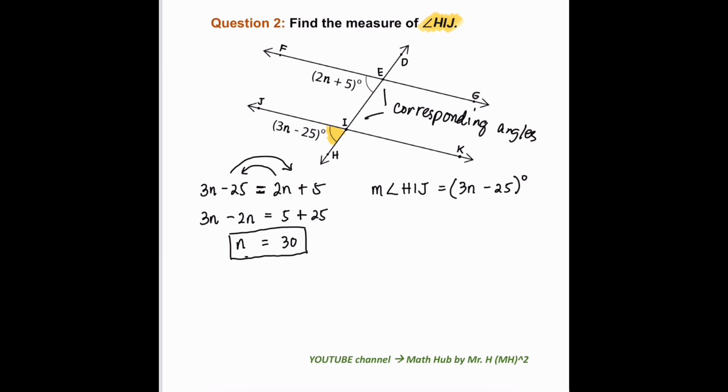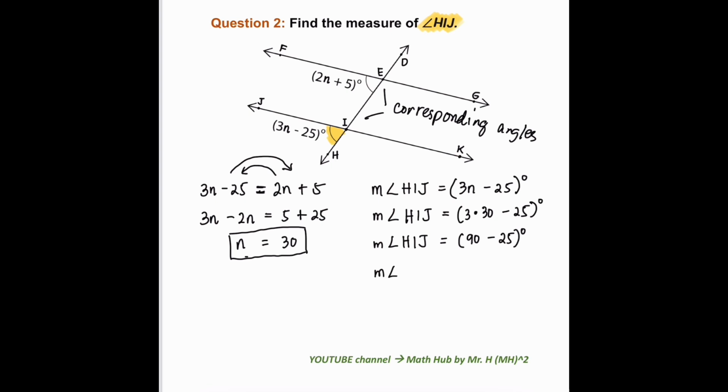So the measure of angle HIJ will be equal to 3 times 30 minus 25 degrees. 3 times 30 is 90, minus 25.